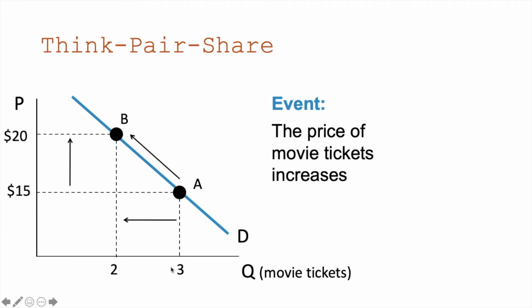And the result would be the quantity demanded is lower, right? Because we're moving along this point of the graph. You didn't have to know that it fell from exactly 3 to exactly 2, but if you marked a point up and to the left along the graph, you would see that the quantity demanded is lower than our starting point A. So I would need you to know that quantity demanded decreases here.